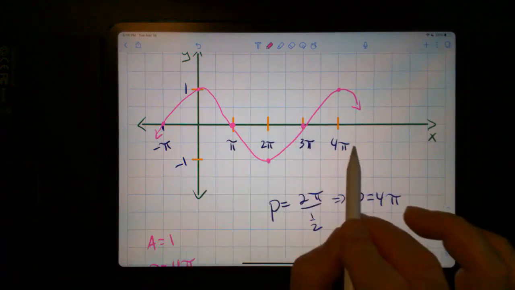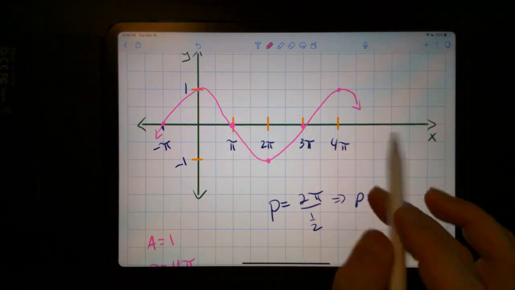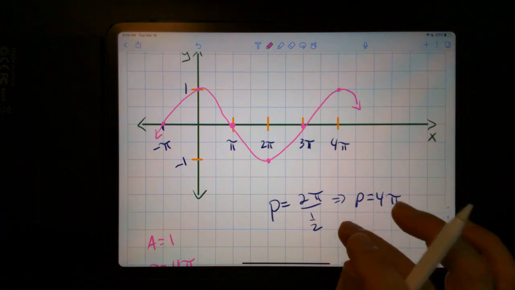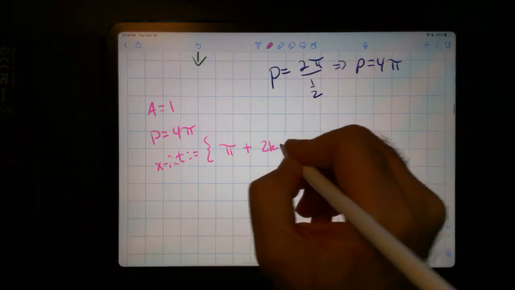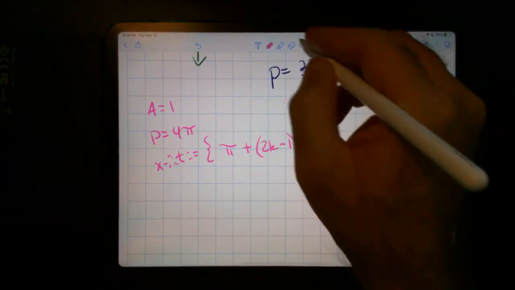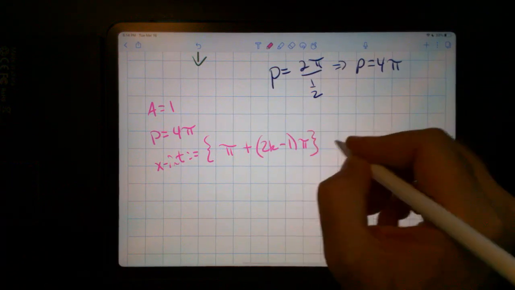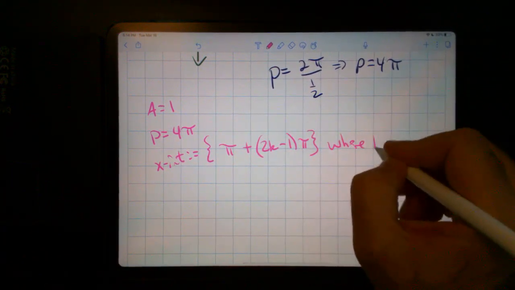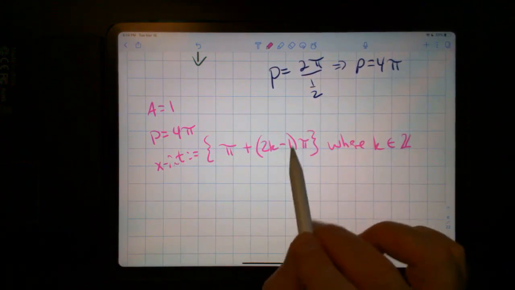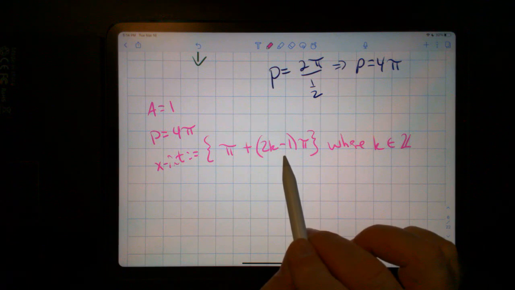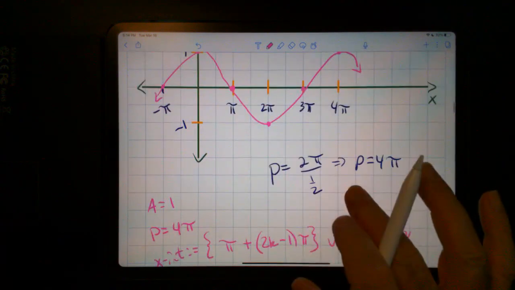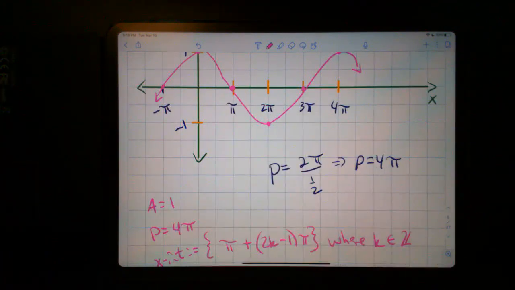So it looks like the odd number intercepts, or the odd number of pi's. So 2k minus 1 is an odd number. And your odd pi numbers are the intercepts.